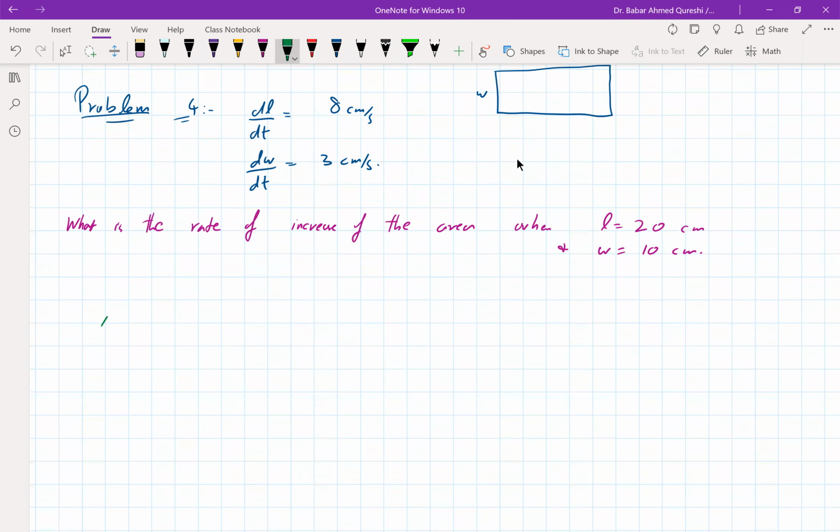Well, so the area is length times width. So dA by dt is, so the point is that area becomes a function of time because length and width are a function of time. So dA by dt is simply dl by dt w plus L dw by dt. These two are constant.